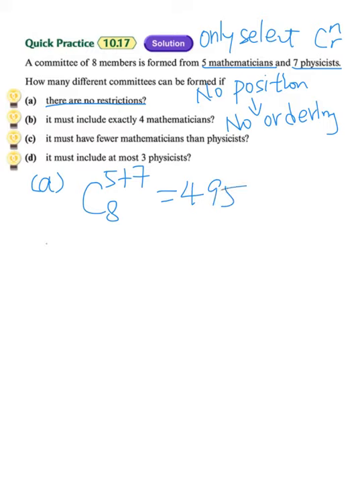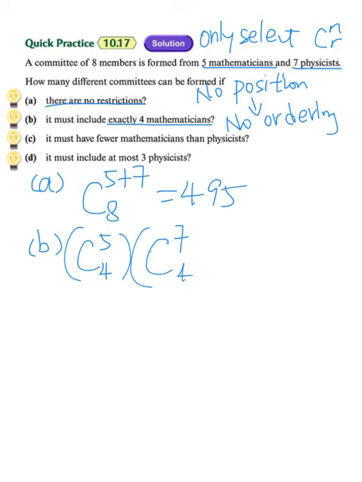Okay, so for part B, it must include exactly 4 mathematicians. So in the 5 mathematicians, you need to choose 4. At the same time, in order to form the committee, in the 7 physicists, you need to choose, sorry, not one of them, it should be 4 of them.